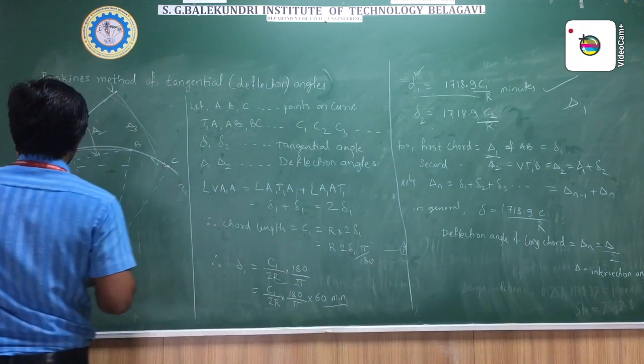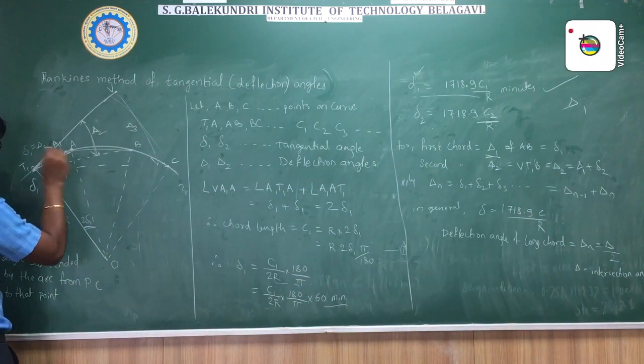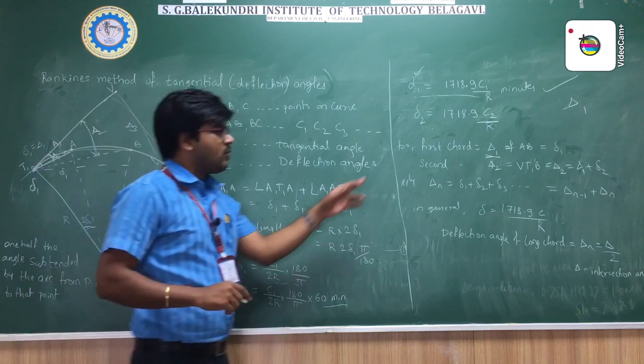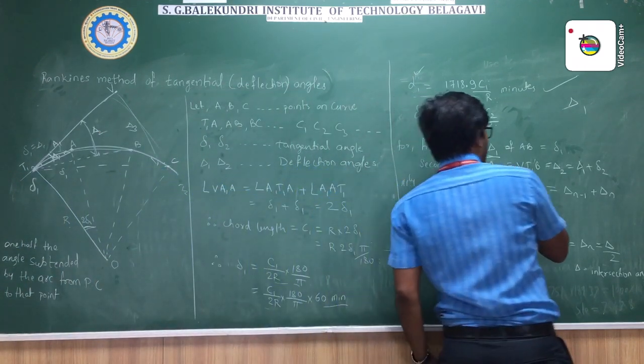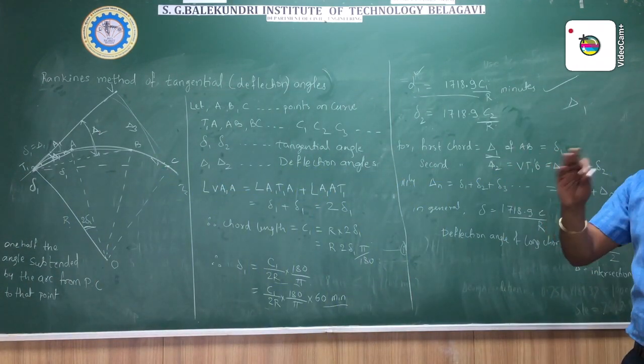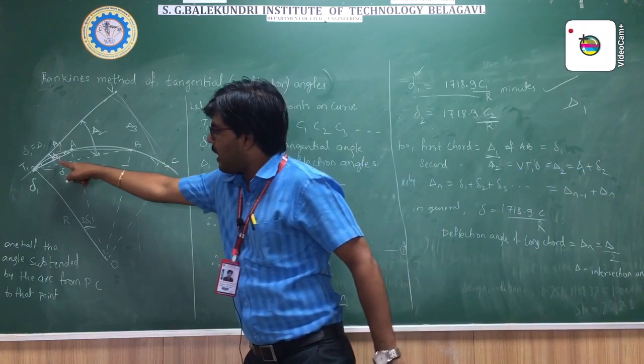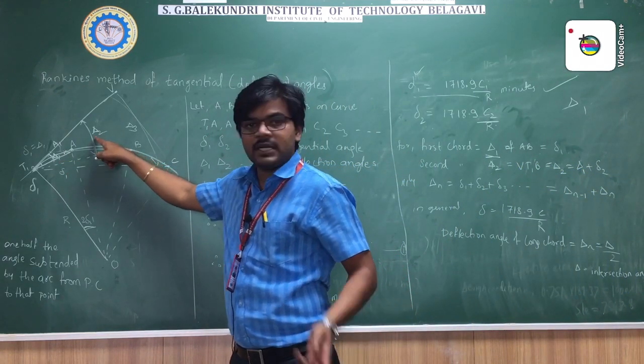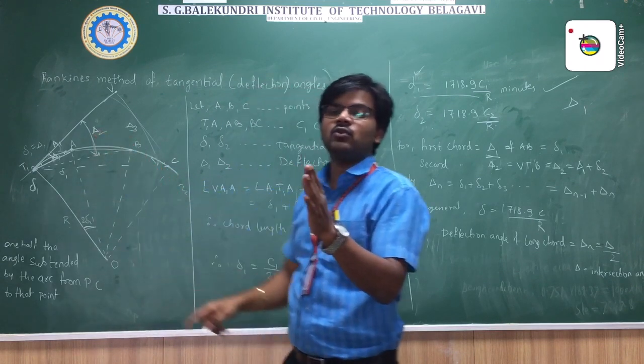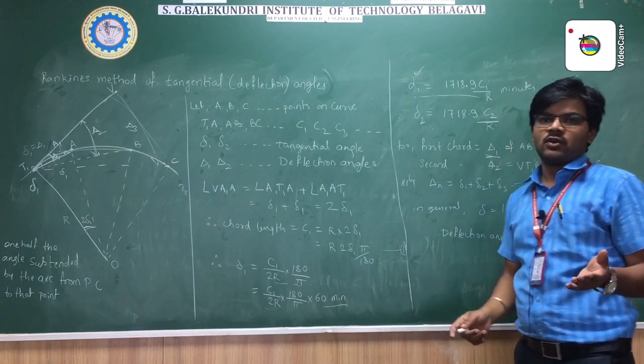This is delta 1 with respect to the first chord. For the first chord, the delta 1 will be the same as the tangential angle.